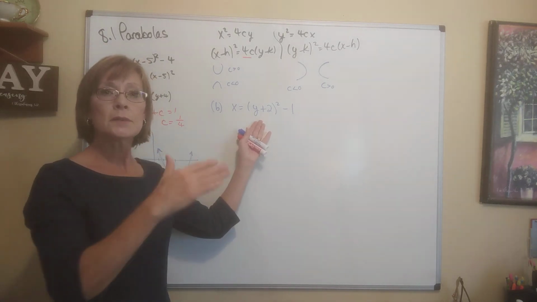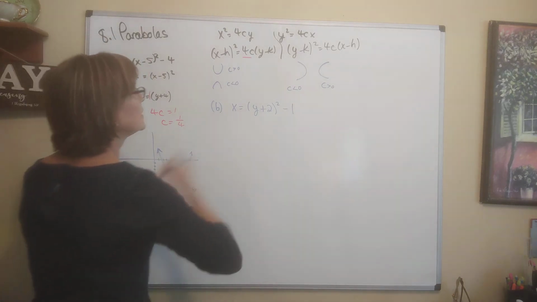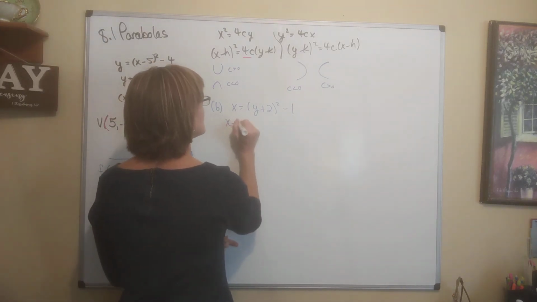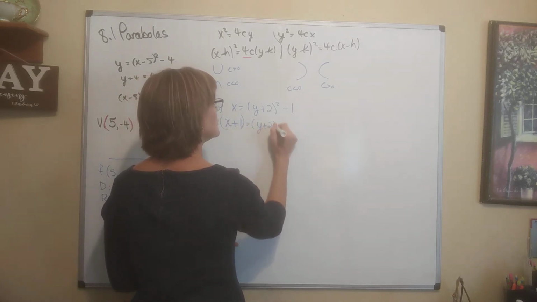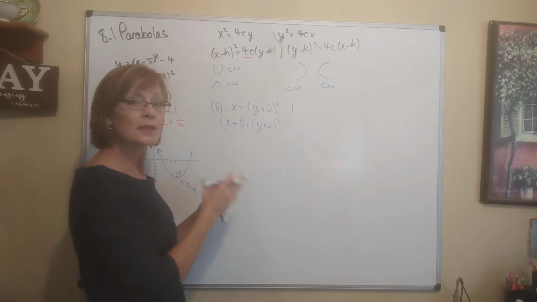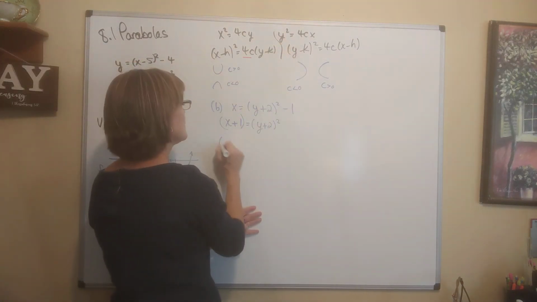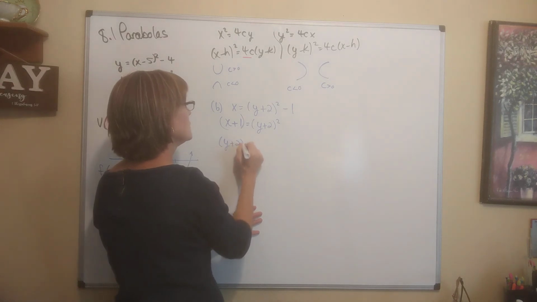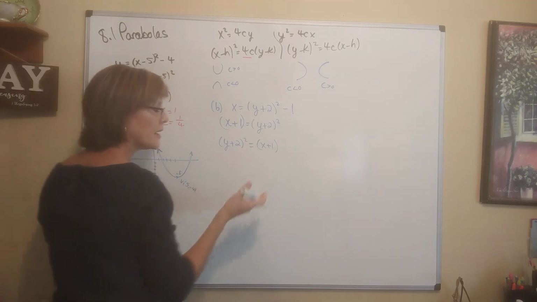The y plus 2 is being squared. So get it by itself by adding 1 to both sides. x plus 1 is (y plus 2) squared. I like the something squared on the left because this is how I've gotten used to seeing these formulas, so I'm going to put (y plus 2) squared equals x plus 1. I just flip-flopped those. That's fine.